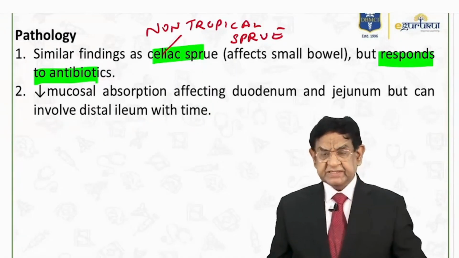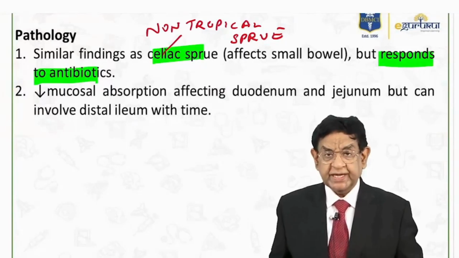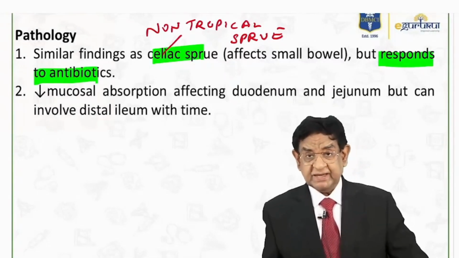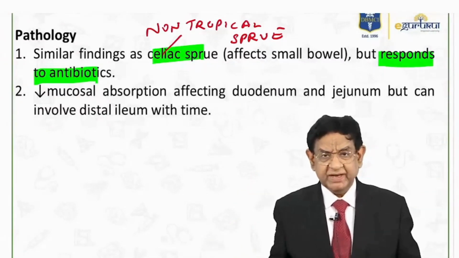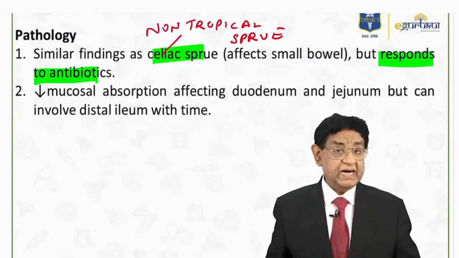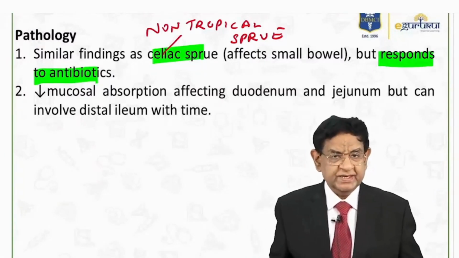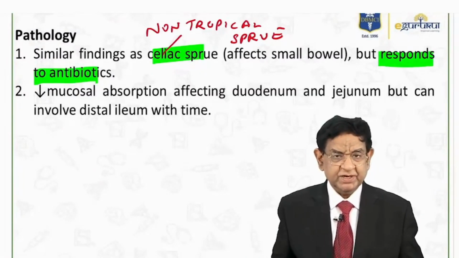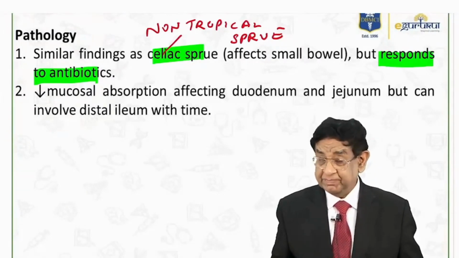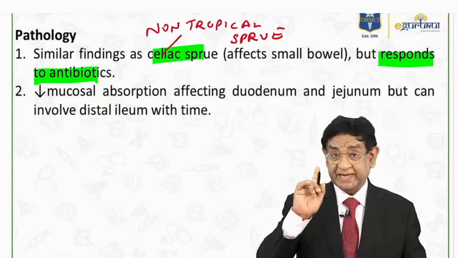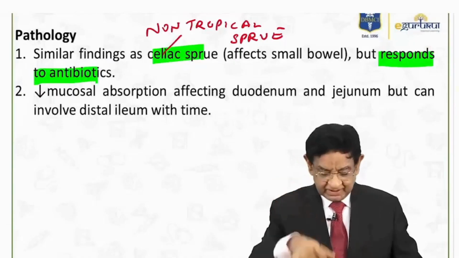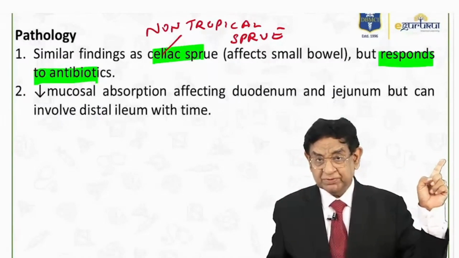In fact, celiac disease is very common in the UK and Ireland area. Anybody going for the Ireland exam, there will invariably be questions, because it is very common in Ireland. So definitely in the MRCP exam in particular, they are going to ask a lot of questions on celiac disease. But remember, this disease occurs pan-globe. Celiac disease is known as non-tropical sprue.